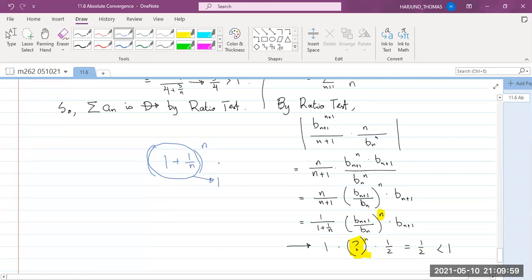So you may think 1 to the infinity is 1, but the thing is, this is not 1. We remember this actually converges to e, not to 1. That's why I cannot conclude that this is going to 1.